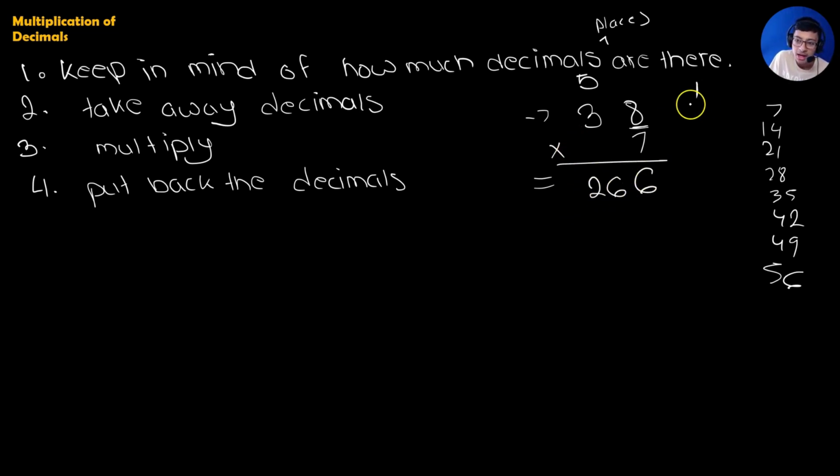And then, as we know, there is 1 decimal place that we took out, so we put 1 decimal place back in. So once, it would go here. So our answer is 26.6. Let's try it with a few more.